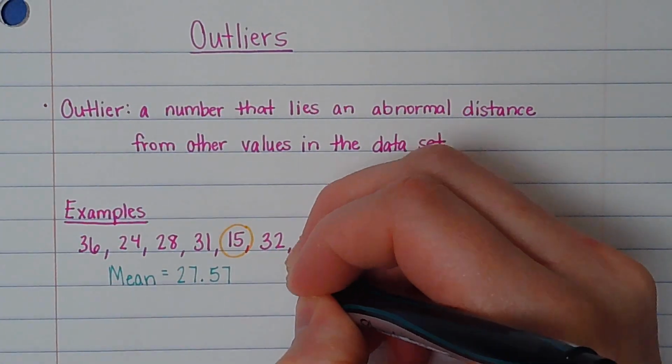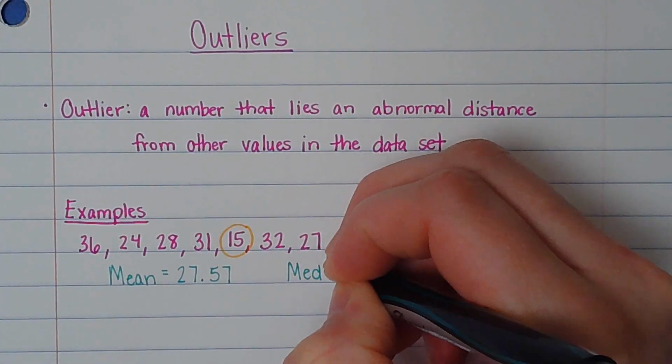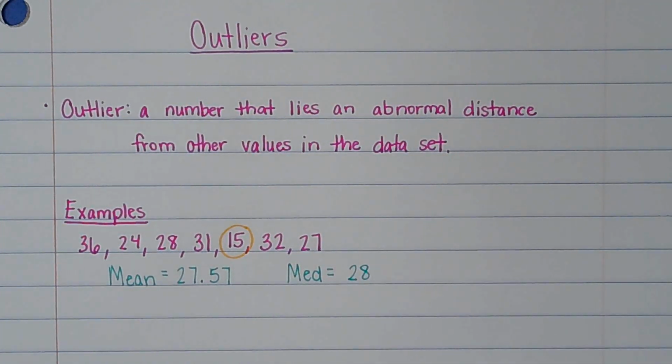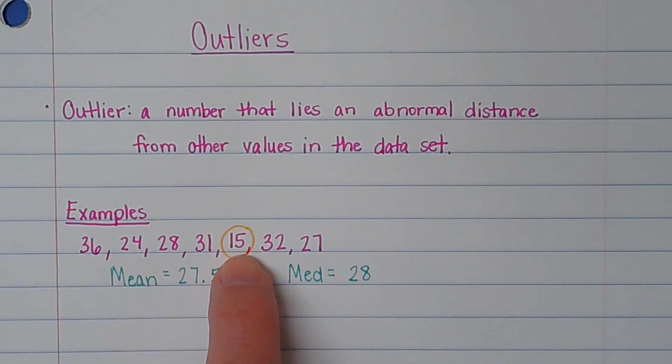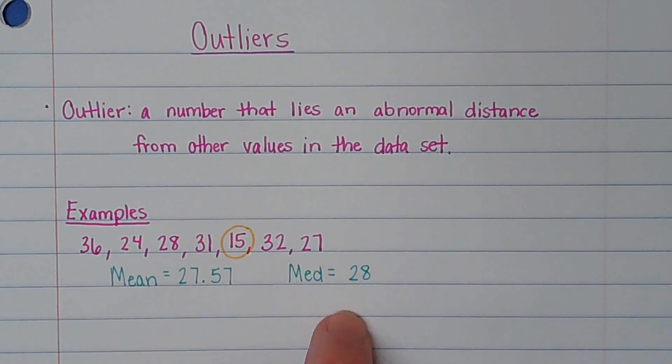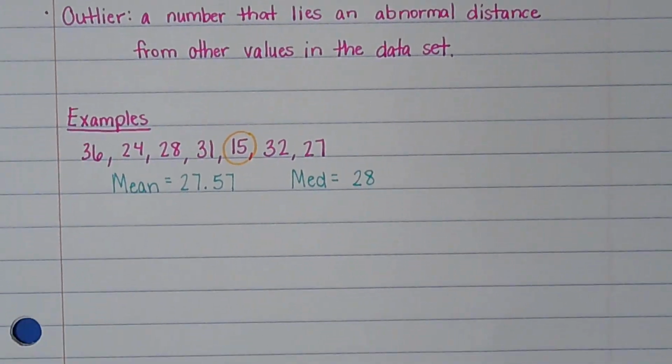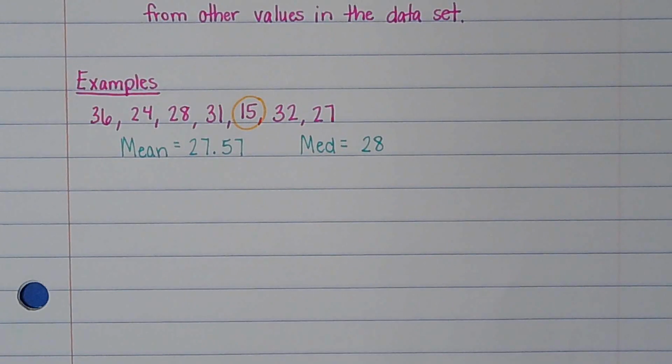If you do the median, it comes out to be 28. Now, these aren't that much different. So 15 didn't completely throw it off like it did with the age one we did a little while ago. But still, anytime there's an outlier, you're going to use the median as the real method to find that average number, okay? Let's look at another one.